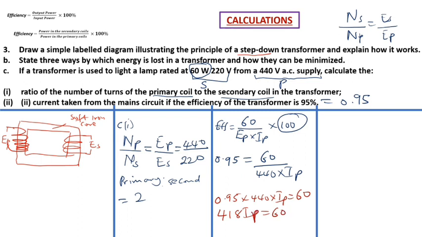So from here, IP would be equal to 60 divided by 418, and that will be 0.144 amp. I'm giving this to 3 significant figures.